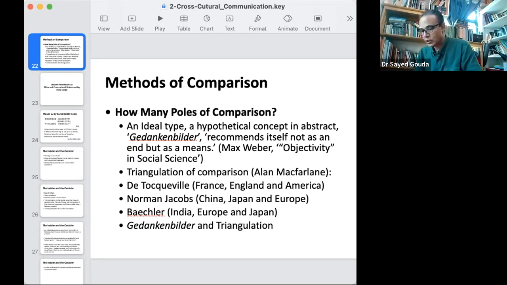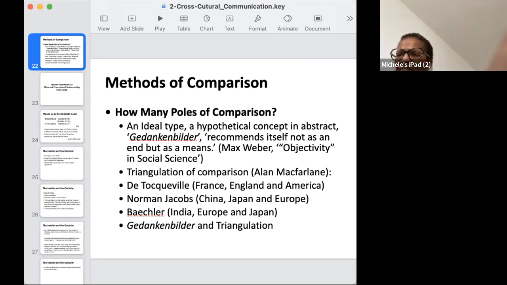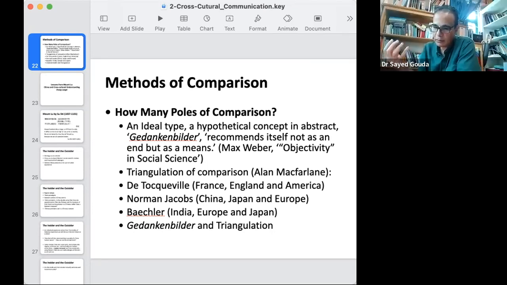But if I make a comparison between China as a representative of the East and England as a representative of the West, then the East here means the Far East. And the West, England, means Western Europe. It doesn't mean Eastern Europe. Eastern Europe has a completely different culture. Sometimes they're quite the opposite.